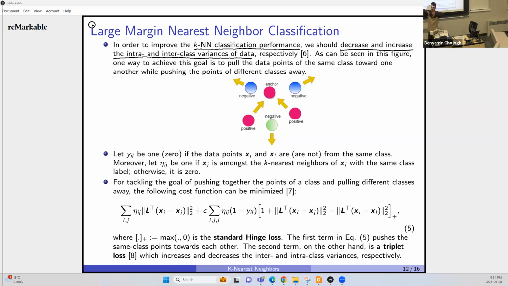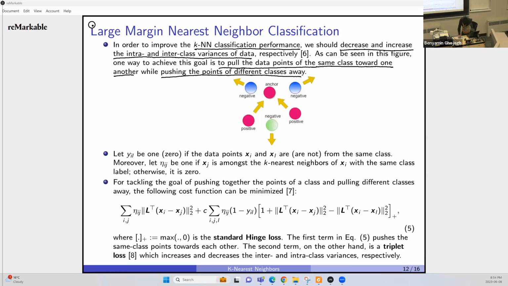So we increase the variances of classes from each other and decrease the intra-class variances. As can be seen in this figure, one way to achieve this goal is to pull data points of the same class toward one another while pushing the points of different classes away. So, something like this.